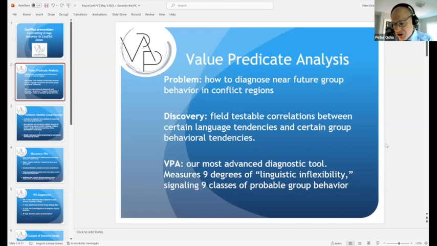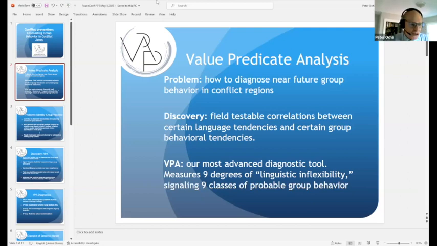In particular, we're interested in the language spoken by group influencers or teachers. And there are certain signals in that language which we've detected over 12 years of work. And we found, surprisingly, not by theory, but simply by testing and observing, that those signals correspond to near future group behavior.